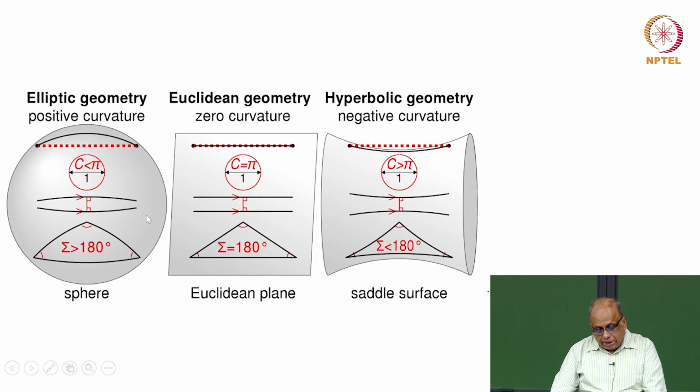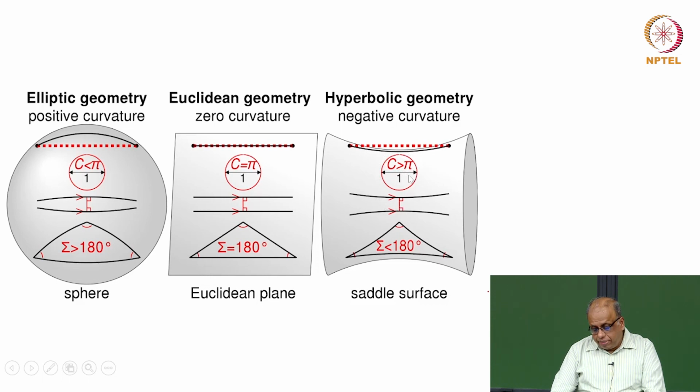In Euclidean geometry, if you have a circle of diameter 1, then the circumference is pi, while in hyperbolic geometry, for a circle of diameter 1, the circumference is greater than pi.